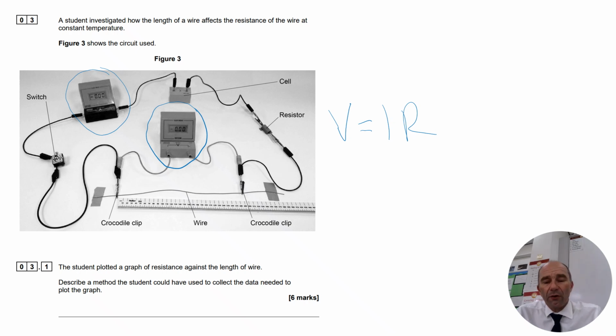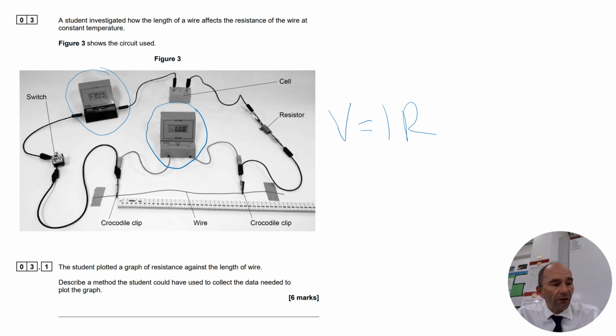So we need to make sure that our current is relatively low, to reduce heating of the wire. In part, that's why we've got the resistor in the circuit, but also what you would do is you would turn off the power pack between readings, and that reduces the chance of the wire getting hot as well.